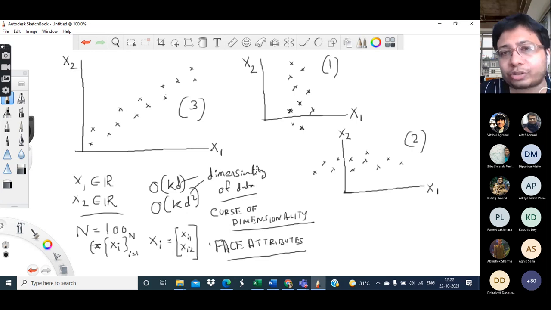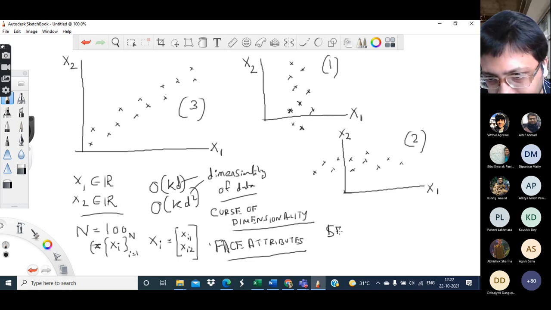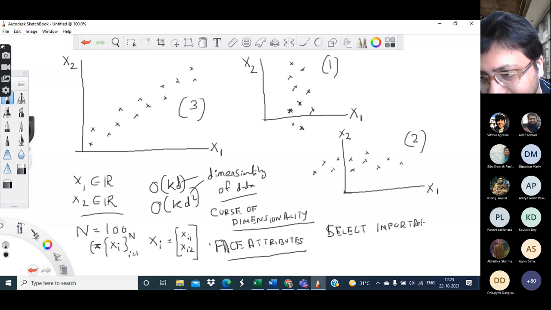So I do not actually want to keep on increasing the attributes, but rather select the more important attributes. That is to say, if I have lots of attributes, I will try to keep the ones which are more important, and give away those attributes which are less important. Okay.